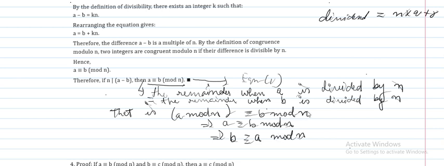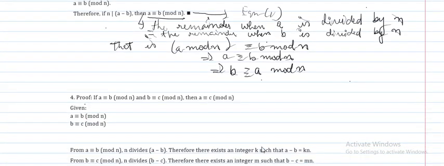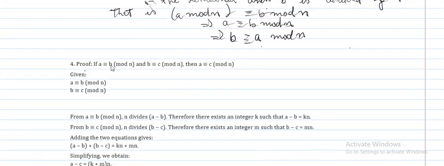Now for property 4, you see here, if a is congruent to b mod n and b is congruent to c mod n, then a is congruent to c mod n. So these two are given. From a is congruent to b mod n, that means n divides a minus b, right?